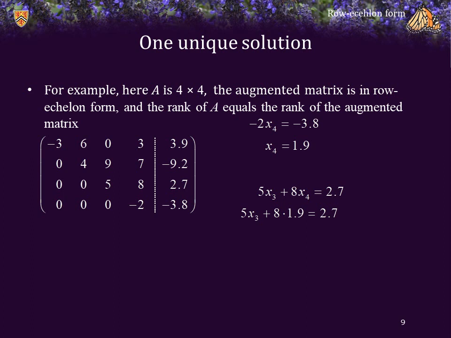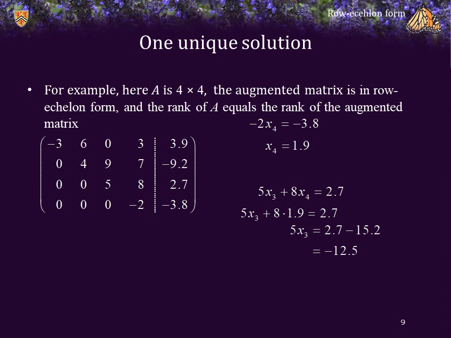All right. 8 times 1.9 is simply 8 times 2 minus 0.8, which is equal to 15.2. We can subtract 15.2 from both sides. All right, what this now says is that 5 times x3 is equal to negative 12.5.